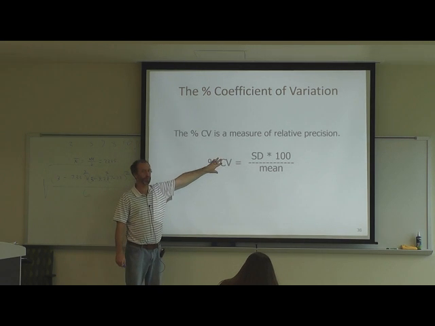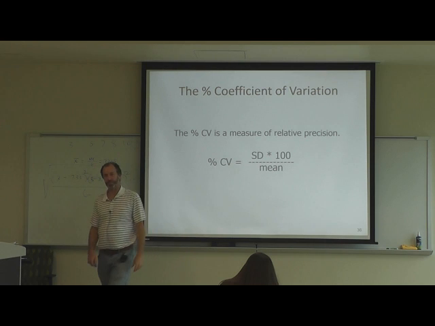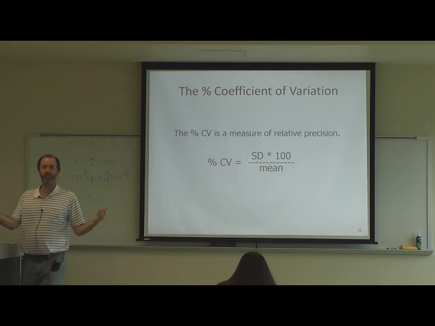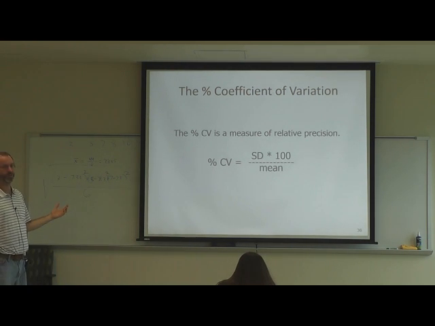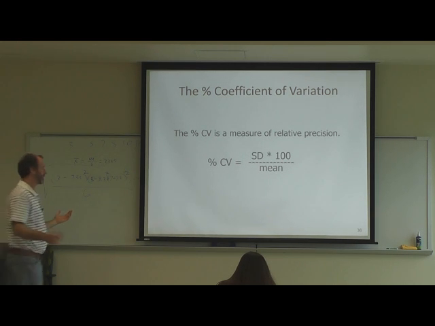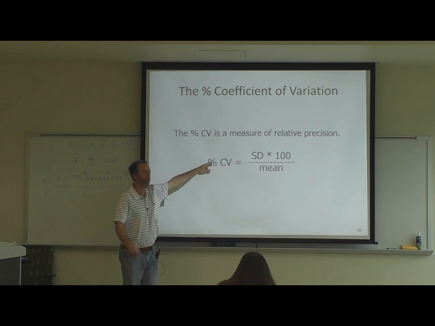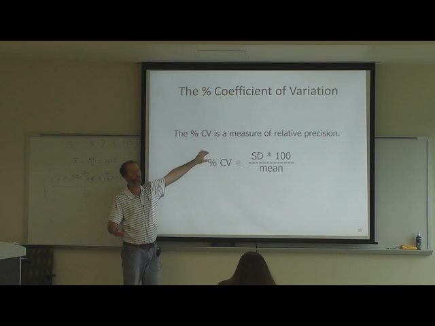Percent CV is important, especially in a lab setting. If you have two different techniques that might have two different units of measure, this can tell you which one is better. You can compare the variability between both using this because there are no units in percent CV.